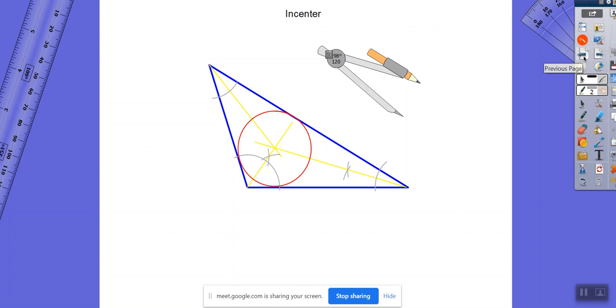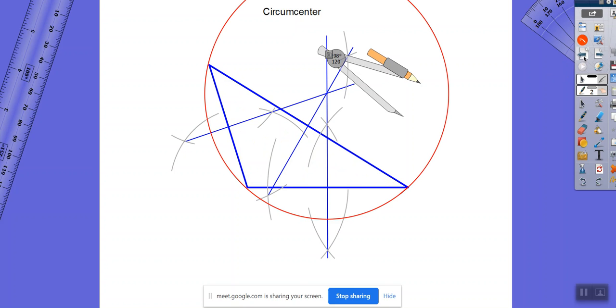You mean the triangle? Sorry, the triangle, thank you. It's the end of the day. If I look at my first drawing, the circle is circumscribed around the triangle. So circumscribed is saying that the circle is outside of the triangle. Inscribed means the circle is inside the triangle.